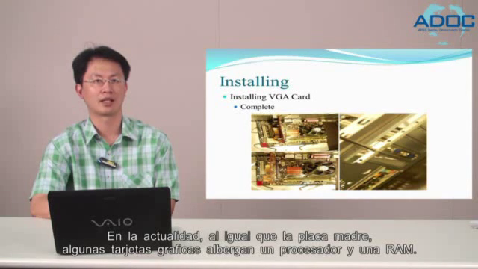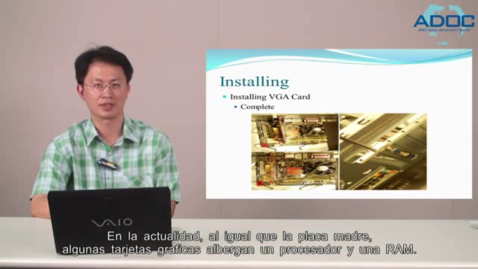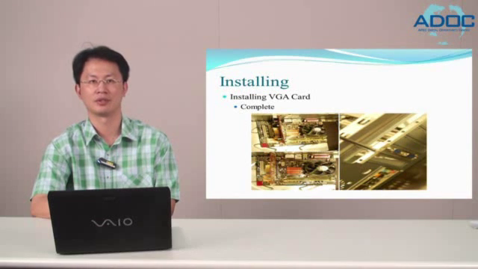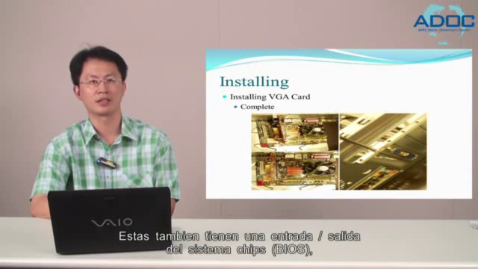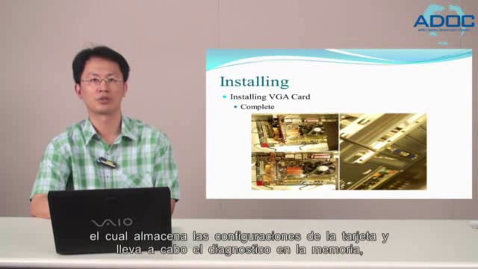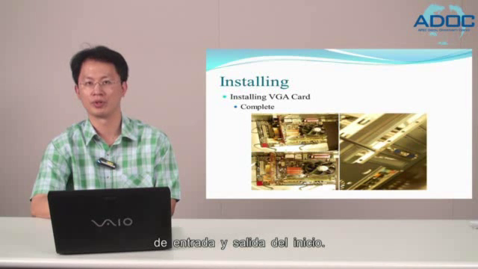Nowadays, like a motherboard, some graphics cards house processors and RAM. It also has an input-output system, a BIOS chip, which stores the card settings and performs diagnostics on the memory, input and output at startup.